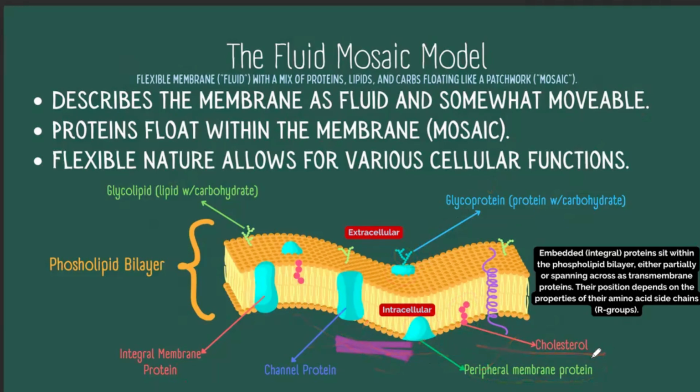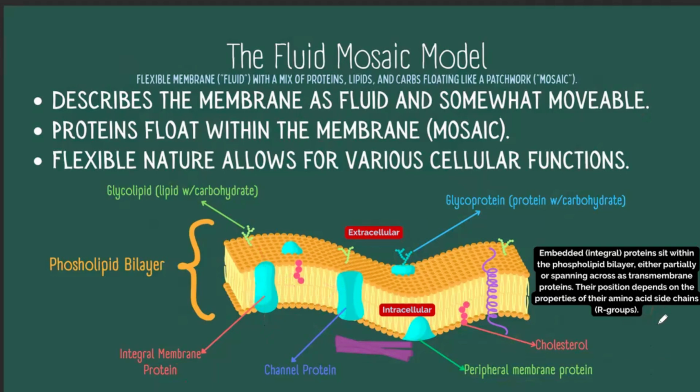And it's important to note that the integral proteins sit within the phospholipid bilayer, and they're spanning across what we call transmembrane proteins because they go throughout the entire phospholipid bilayer. And sometimes the position of how they're involved depends on that R chain, because remember, amino acids have different R groups.